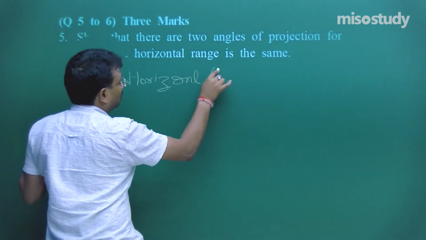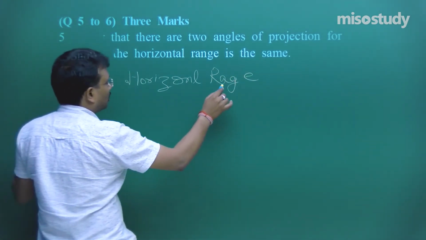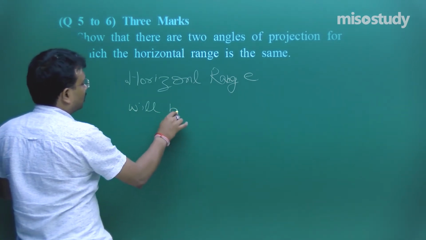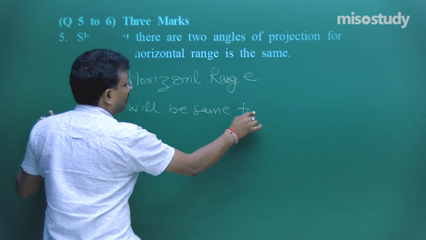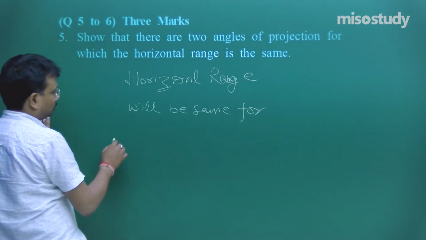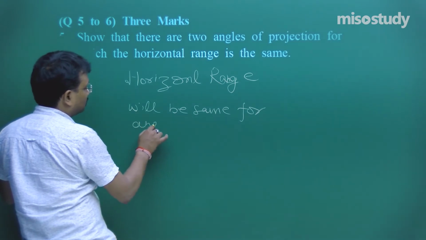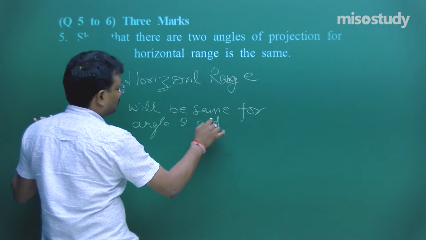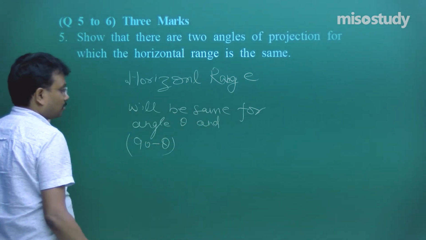Horizontal range will be same for angle theta and 90 minus theta.